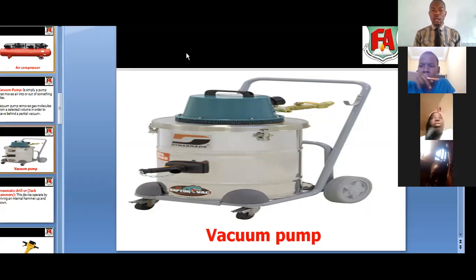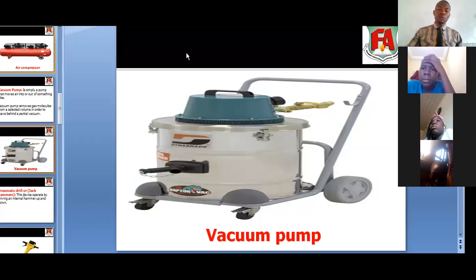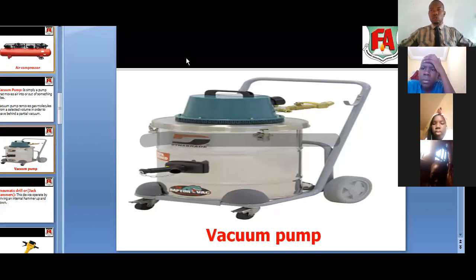It has a roller, right? All you need to do is start the machine and hold the nozzle of the machine. You move around the environment with the nozzle. As you go around on the floor, the nozzle will be sucking the dust around the environment that you want to clean. Did you get it?